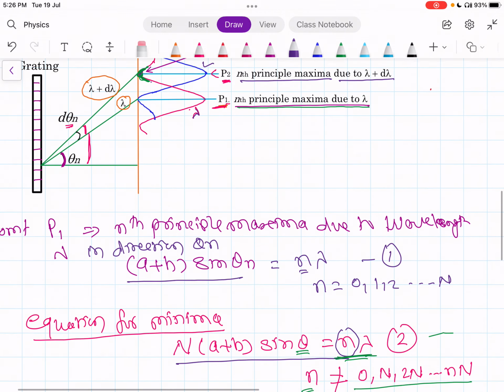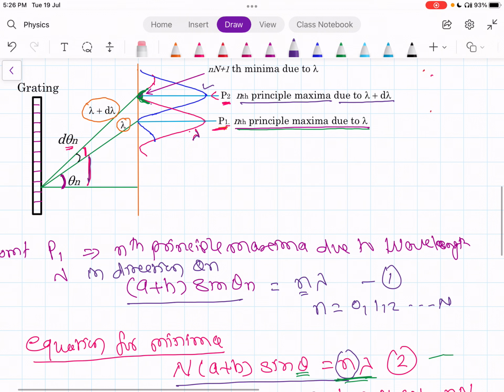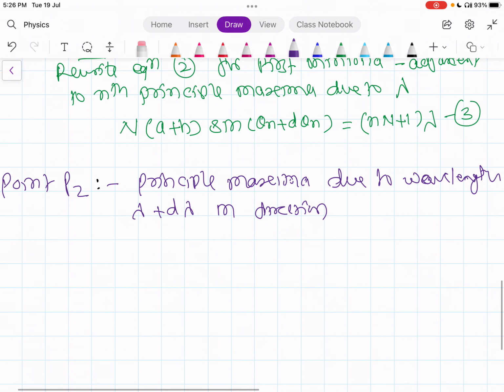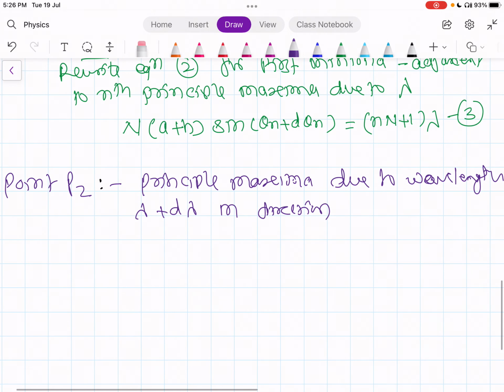in direction theta n plus d theta n. See the direction: it is theta n plus d theta n at the same point. At this point itself, we are getting the nth principal maxima due to wavelength lambda plus d lambda, in the direction theta n plus d theta n.